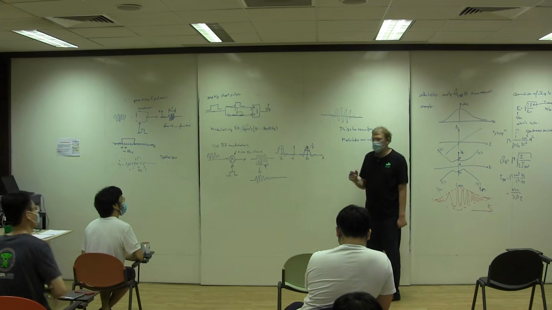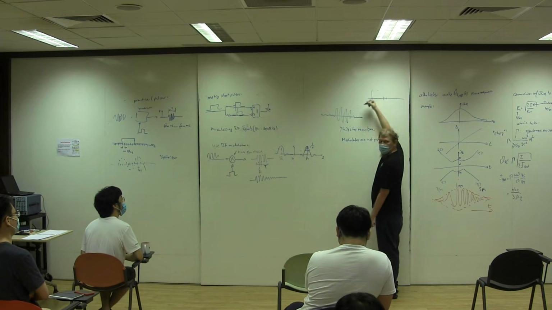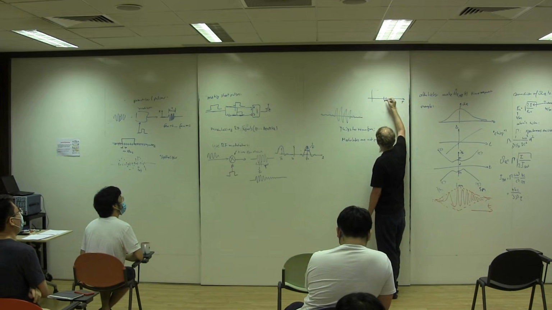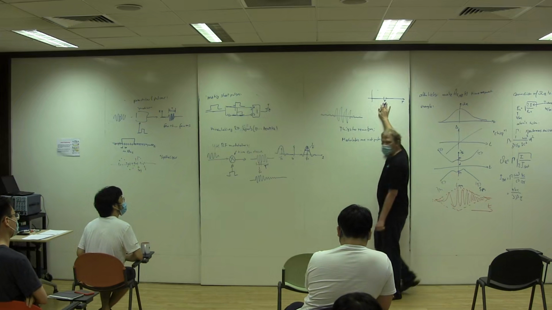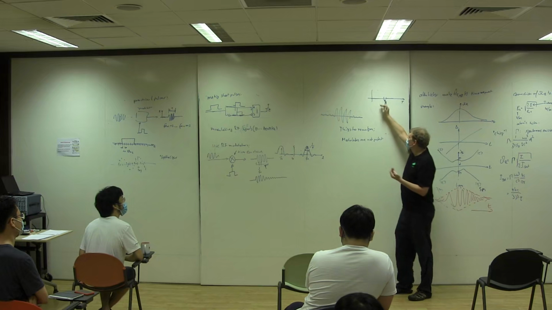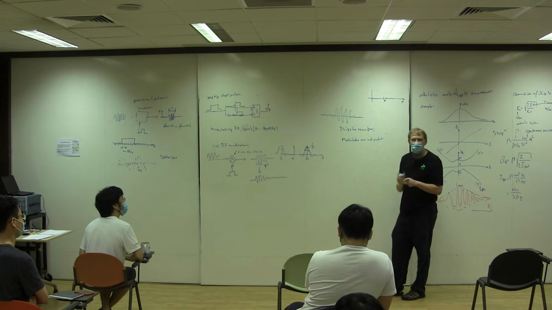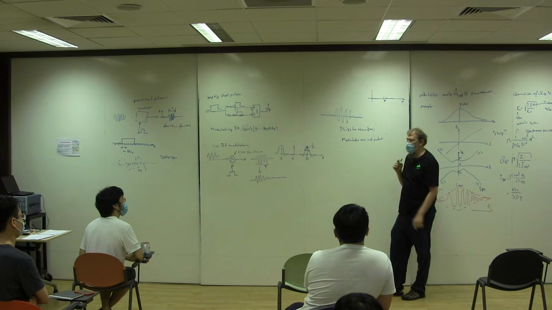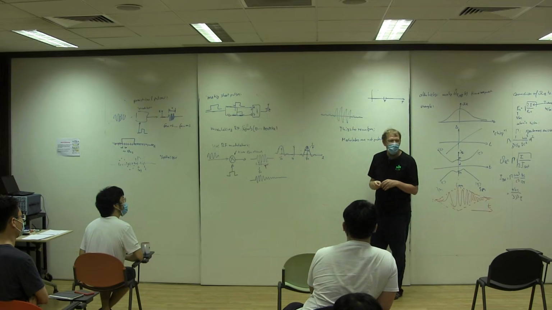That can be detrimental if you want to have a period of time where you do a pi pulse here, and it needs to be absolutely dark there. This period should be maybe a few nanoseconds, and you want to have it dark for a few milliseconds, and that means that the Rabi frequency needs to be lowered by 6 orders of magnitude. That means that the amplitude of your light beam needs to be lowered by 6 orders of magnitude. And that's very hard to do with components like these mixers or modulators.